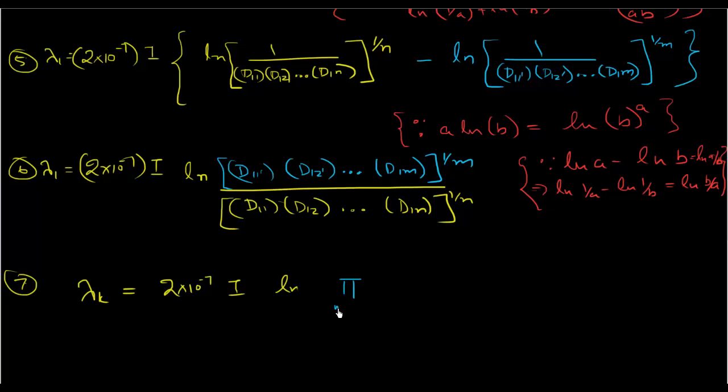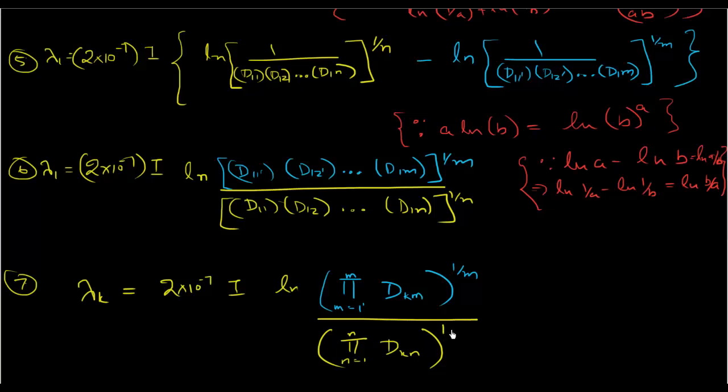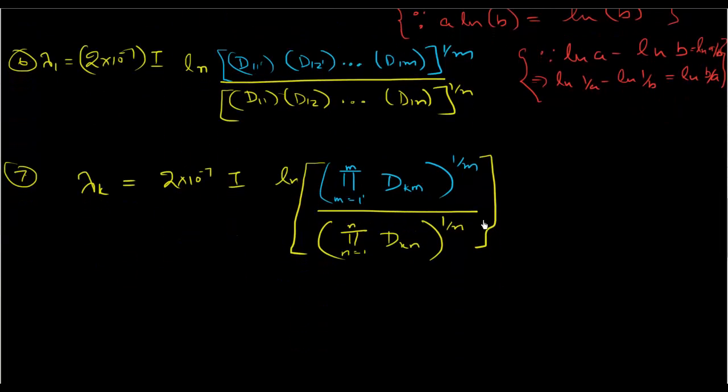It's similar to sigma, and I'll explain that in a minute. m going from 1 prime to m, d of km to the power 1 by m, and this is going to be the numerator, and the denominator is going to be n going from 1 to n, d of kn to the power 1 by n, and that is our formulation for the flux linkages for any conductor k.